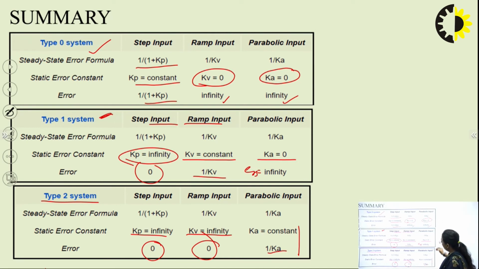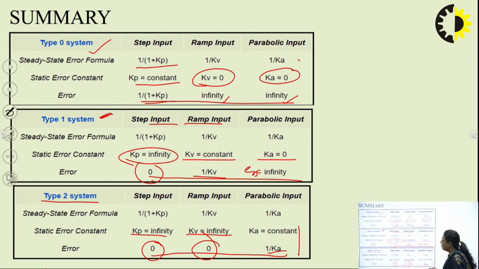So from here you can observe, as the type of the system is increasing, just see the steady state error in all the cases. As the type of the system is increasing, we are getting an improved system. That means the error is reducing to 0, and here we are getting some constant value, while here the error is infinite in case of type 0 system with some constant value, and also here gradually it is improving, either 0 or some constant is obtained, but infinite is also obtained.